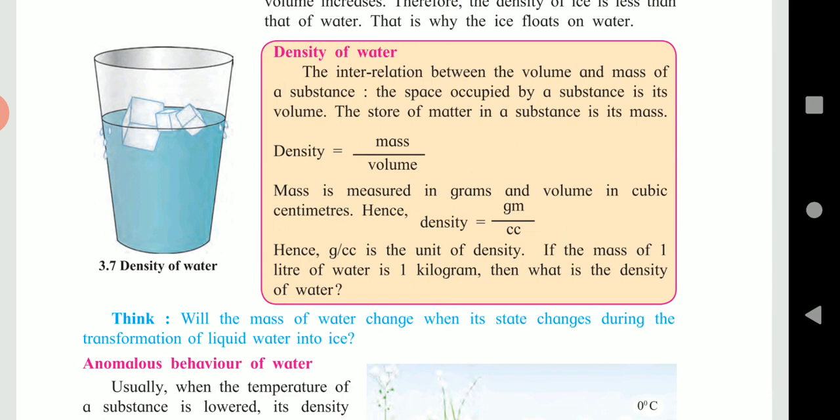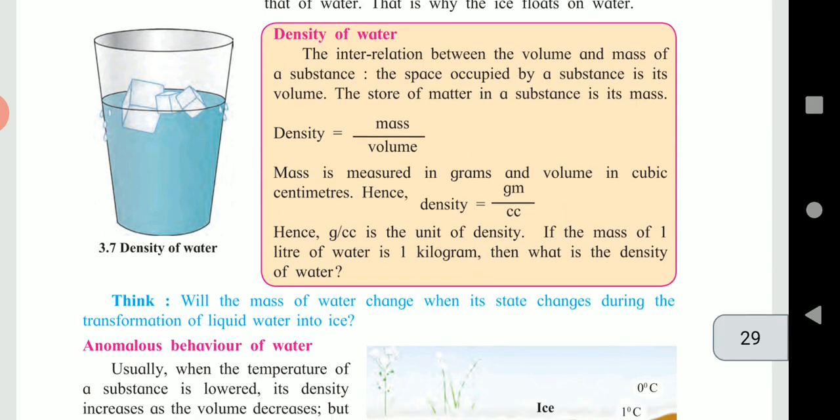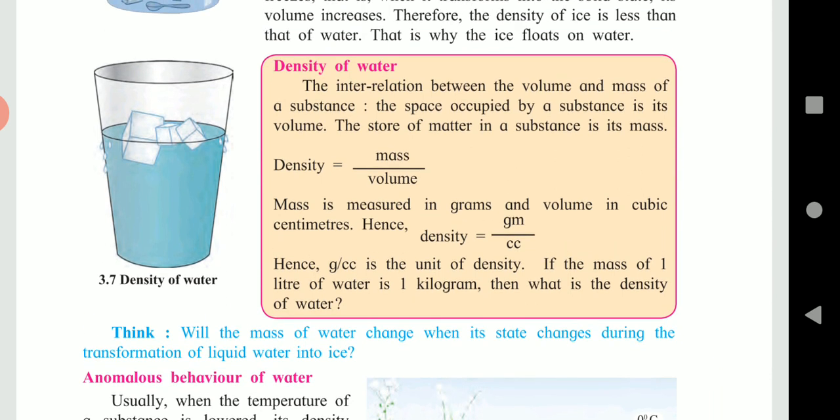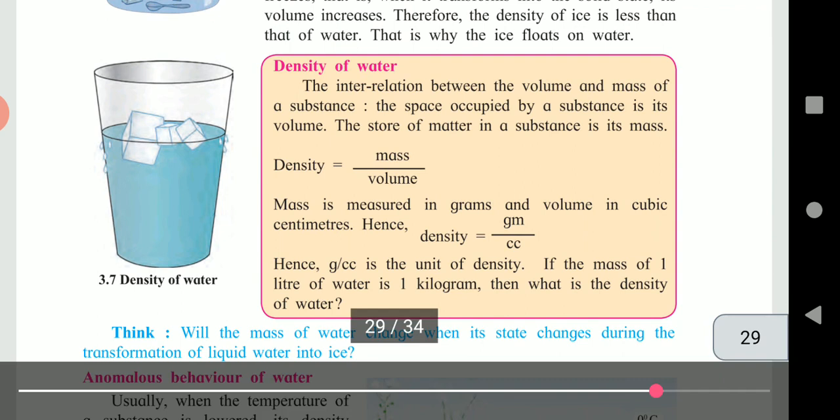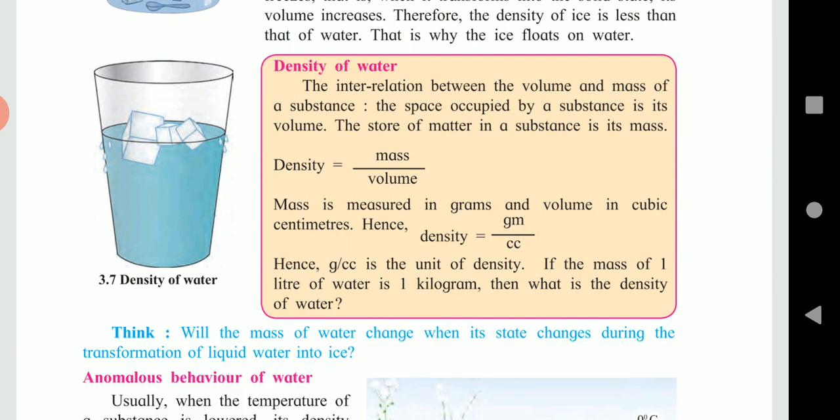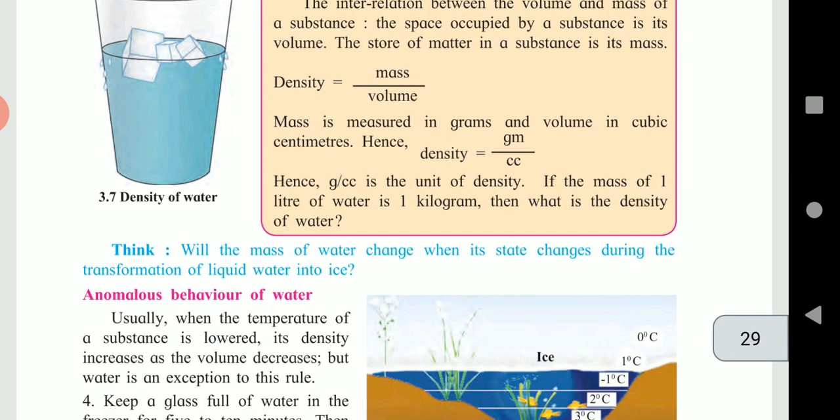So the unit of density is gram per cubic centimeter. See the bracket on page number 20. Density is equal to mass upon volume, and mass is measured in gram and volume is measured in cubic centimeter. Hence the unit of density is which one? Gram per cubic centimeter.